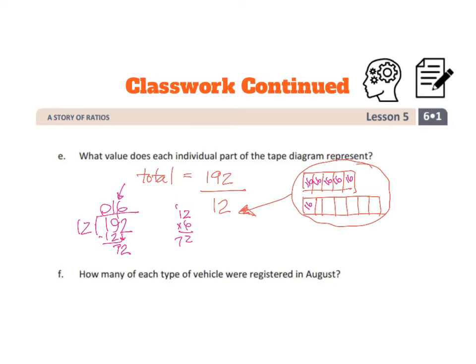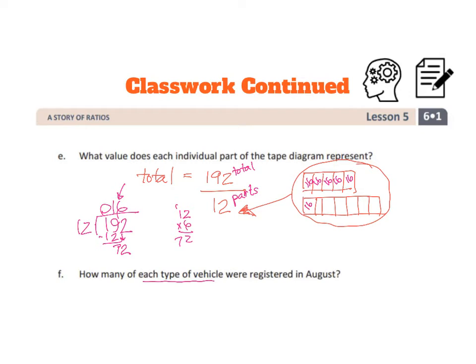So I divided the total into how many total parts were listed, equal sized. Part F says how many of each type of vehicle were registered in August?